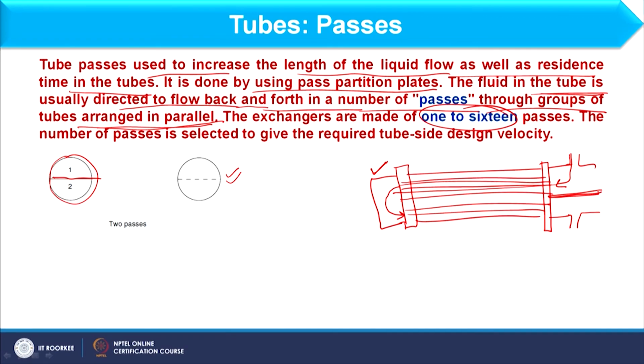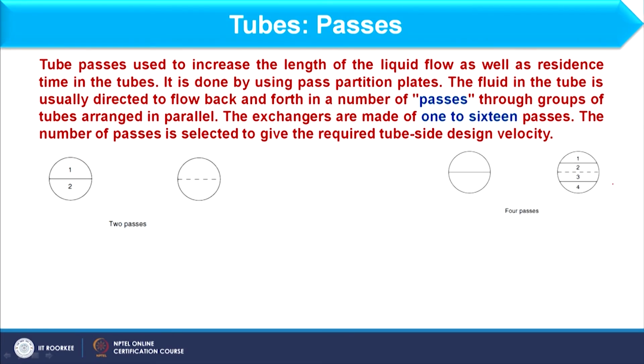So here we should consider the cross sectional view like this, and here the cross sectional view like this, right. So in this way we consider 2 passes. The fluid will enter from here, then reverse back, and then exit from here, right. So this is basically the simple pass, 1-2 pass.